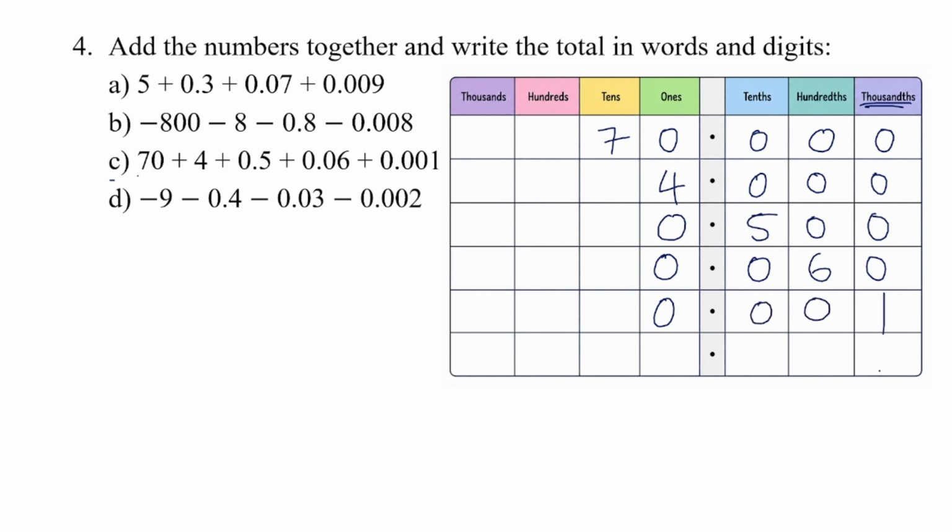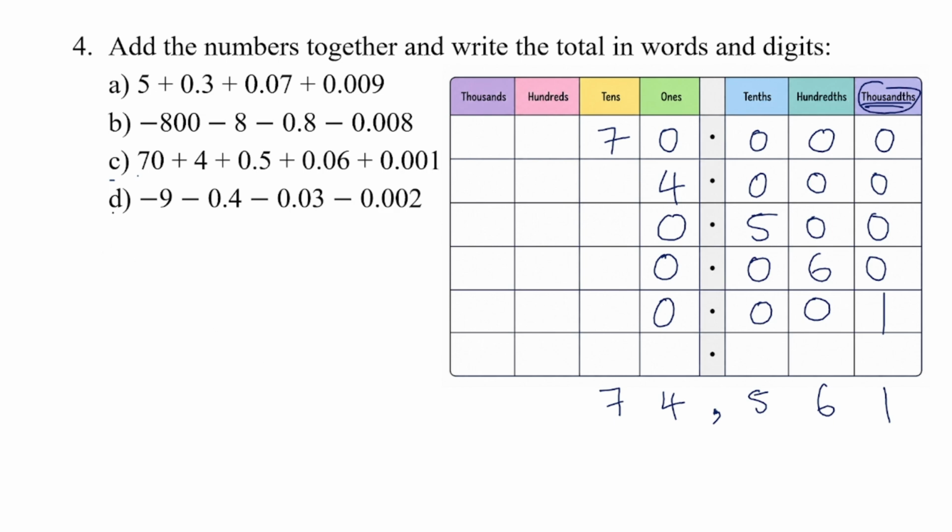And then when I'm adding this, what we get, the thousands, we get 1, the hundreds, we get 6, the tens, we get 5, and then our decimal point is here, does not change. The ones, we add them, we get 4, the tens, we get 7. So this is 74,561. In words, this is 74 and 561 thousandths.